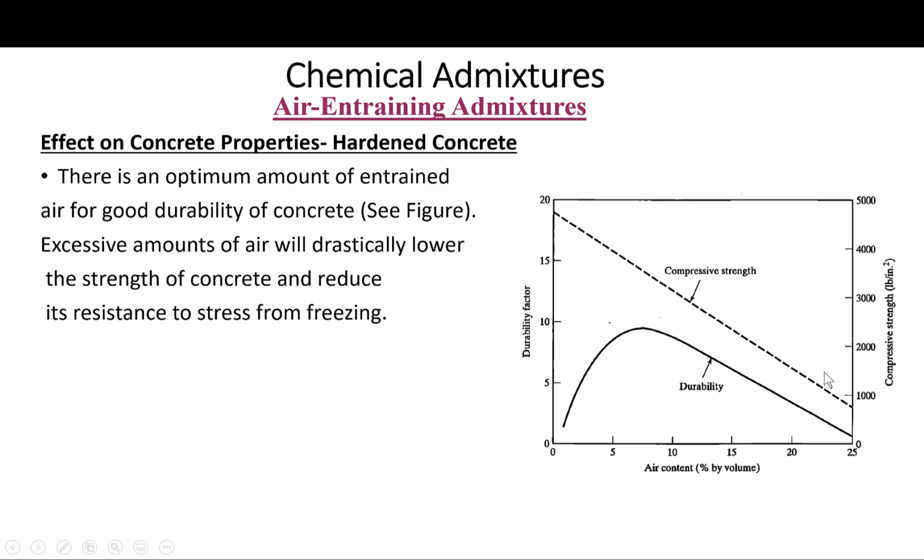As we increase the air, the compressive strength decreases, and eventually its resistance to stresses will decrease. But you can see here there is an optimum air content for durability, and that should be observed. And as I said before, testing and researching the effect of basically any admixture on the concrete should be known before use, and air entrainment is no different.